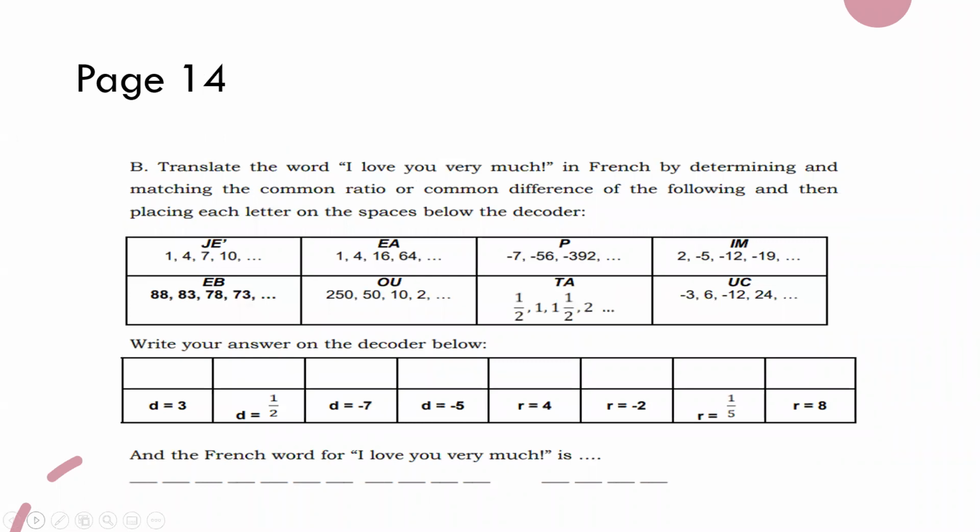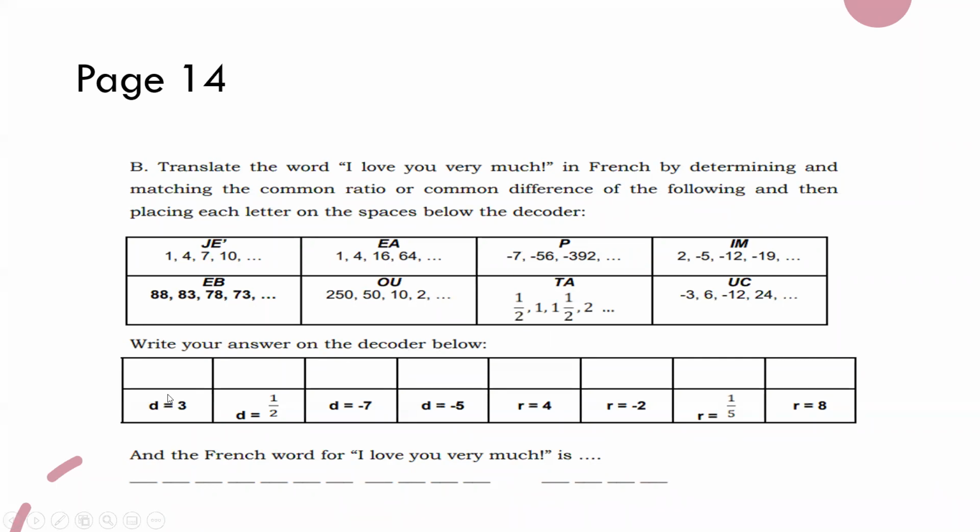Next. Learning task 2, letter B. Paano naman po ito? Okay. So, kung mapapansin ninyo, translate the word I love you by determining the matching common ratio or difference of the following. Then placing the letter on the spaces below by decoder. Okay po? So, ito muna ang gagawin ninyo.